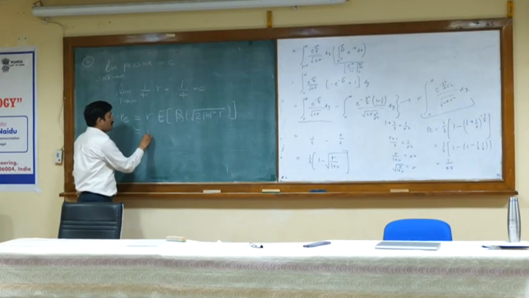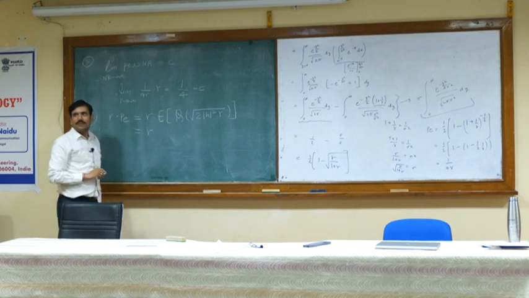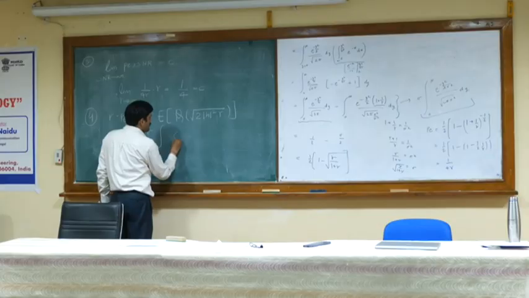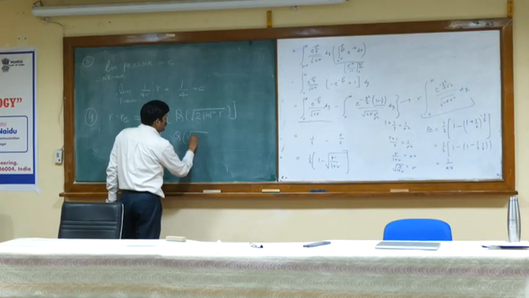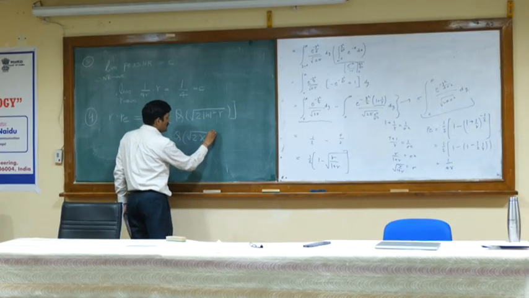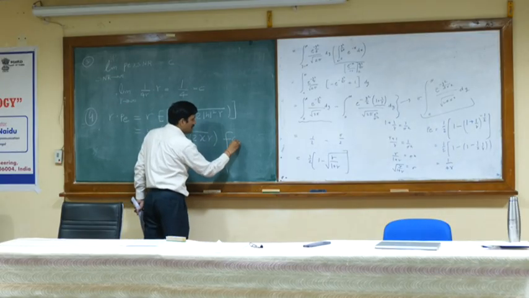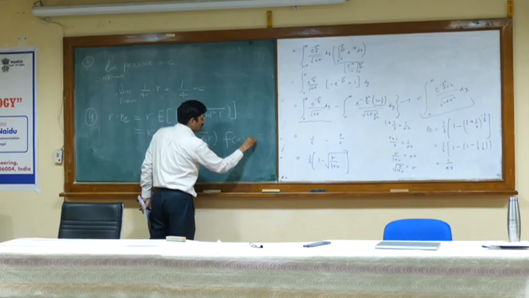Which comes out to be the integral of Q of square root of 2 x gamma, and the PDF of this I don't know, so I will write here Fx dx.